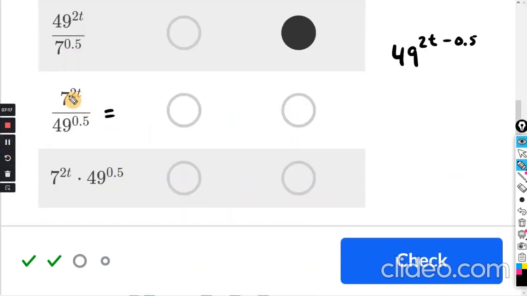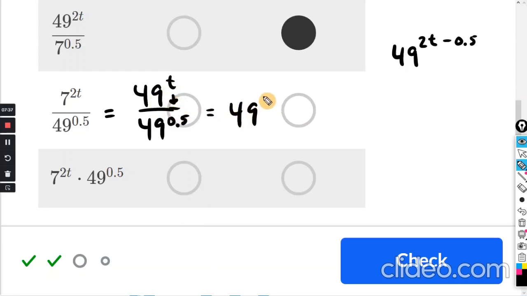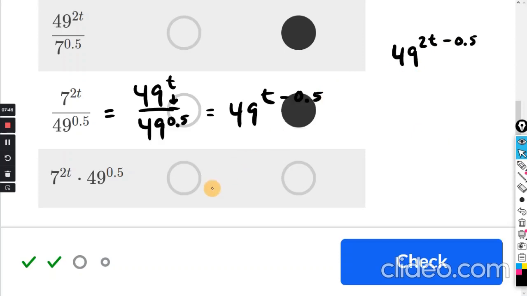Okay, let's see. 7 squared is the same as 49. And we still have the t. And that is over 49 to the 0.5. Subtracting the exponents going down, we keep the 49. And t minus 0.5 is the exponent. That does not match. So this one is not equivalent.